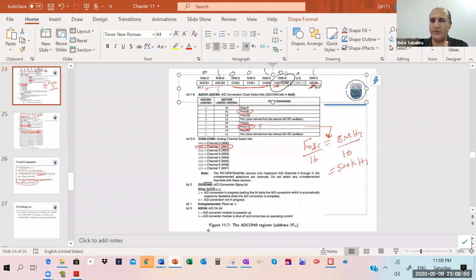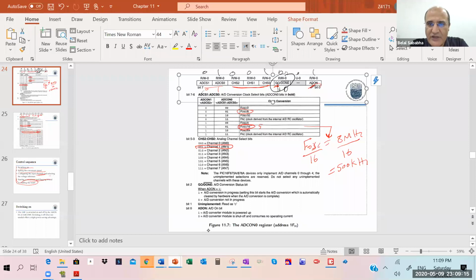the successive approximation and start preparing the 10 bits for me. It doesn't happen on the fly, it will take time. When the result is ready, the one that I wrote here will turn back into zero. So I keep waiting for it to go back to zero. Okay, to change this bit without touching anything else, what can I do?